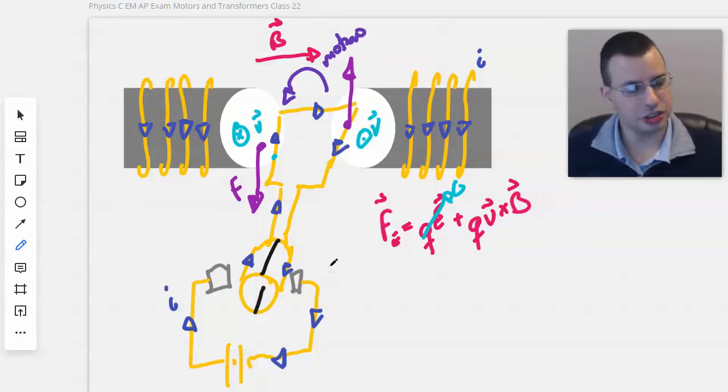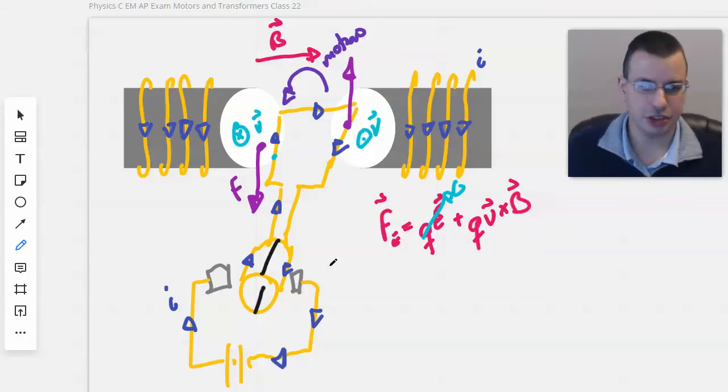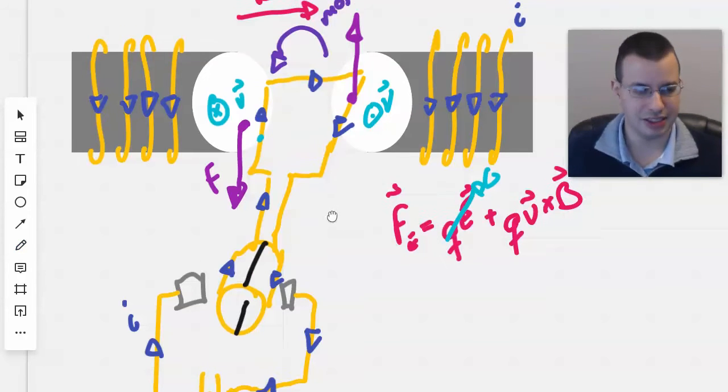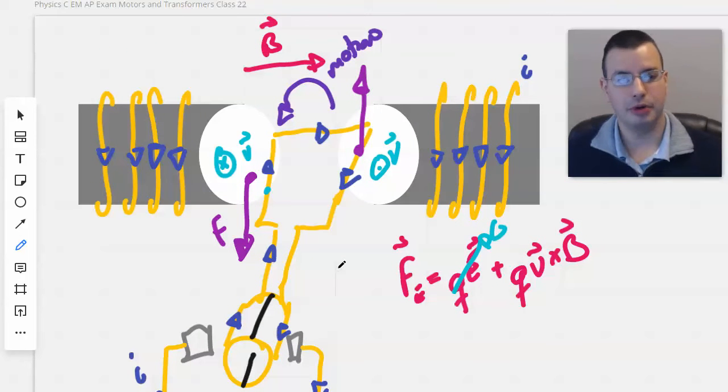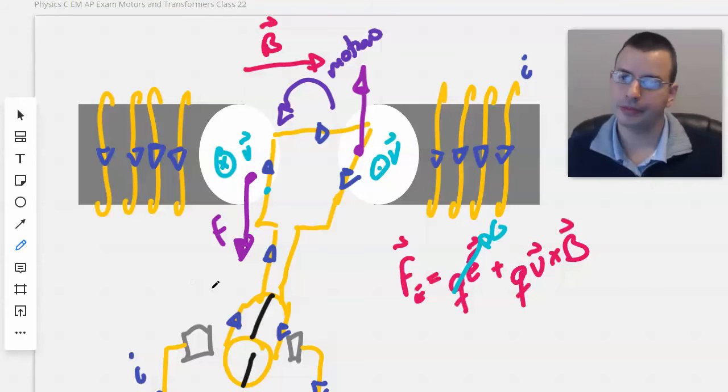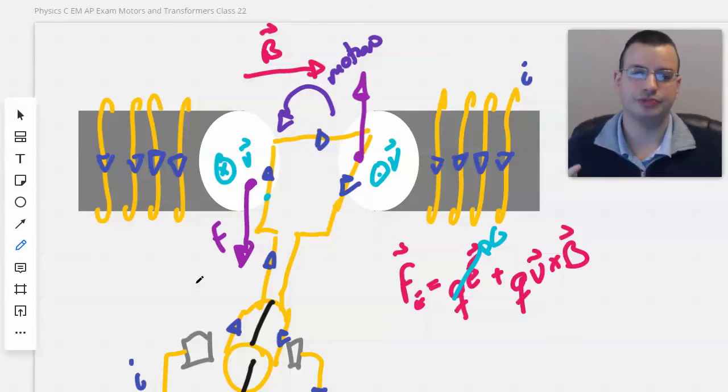There's a lot more engineering that goes into it, but this is the general principle behind pretty much most, if not all, DC motors. Motors create motion, generators generate electricity. That's just a naming convention.